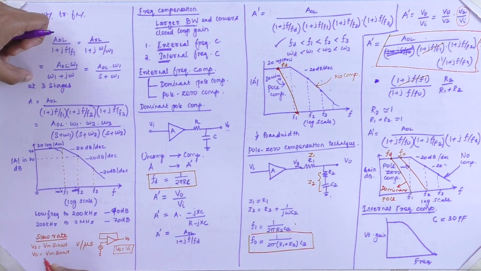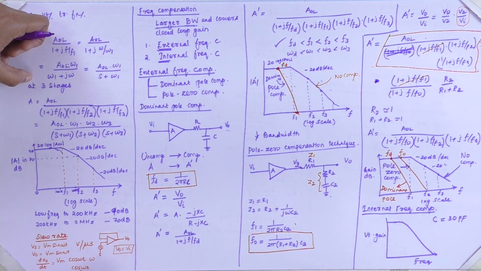So in that condition, when we define the slew rate, it will be taken as a small change, maximum change with respect to time. So I can differentiate Vm sin omega t, which gives cos omega t, and the derivative of omega t is omega. So I can write Vm omega into cos omega t. So we are making that cos omega t value as 1.